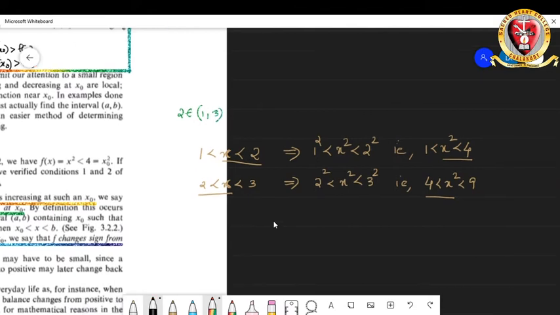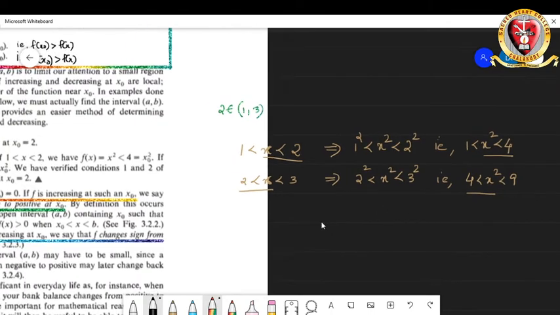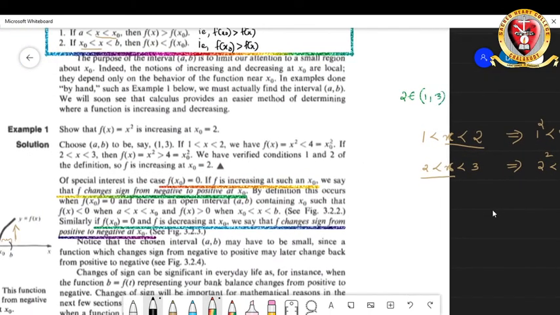And so, for x < 2, we have f(x) < f(2), that will imply the increasing property. Here 2 < x < 3 will imply 4 < x² < 9, that also implies the increasing property of the function.